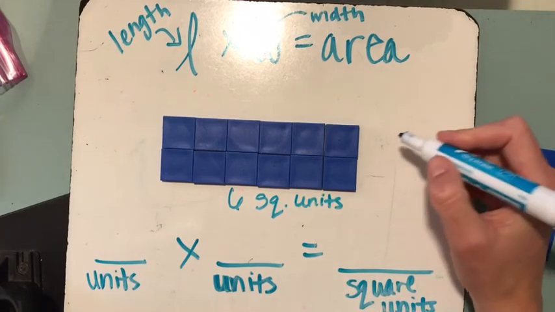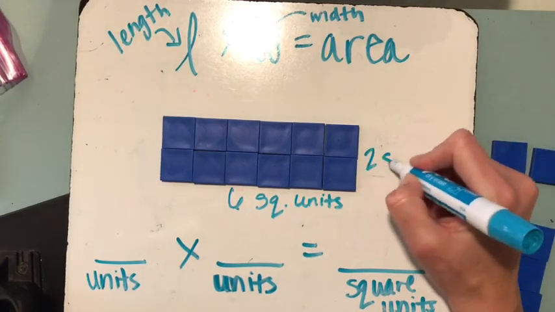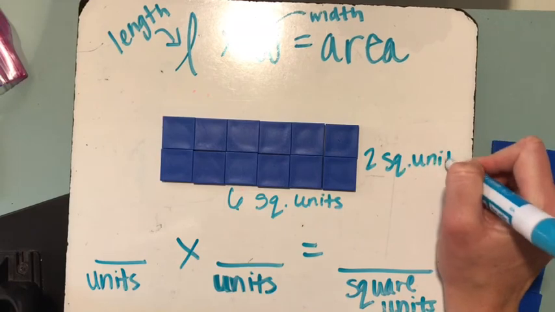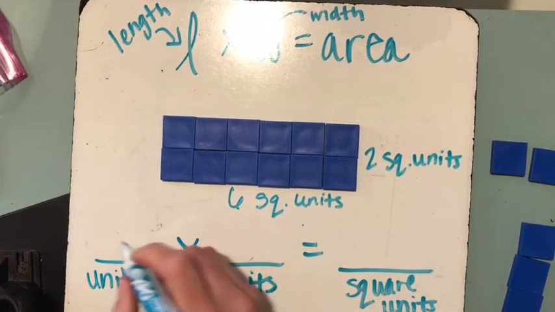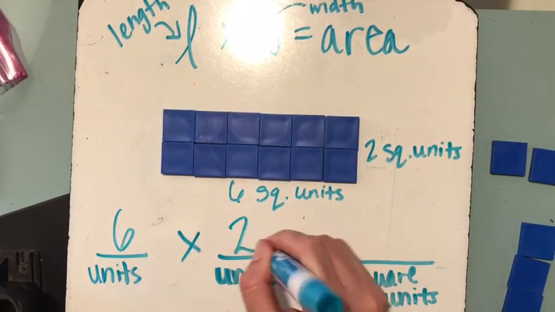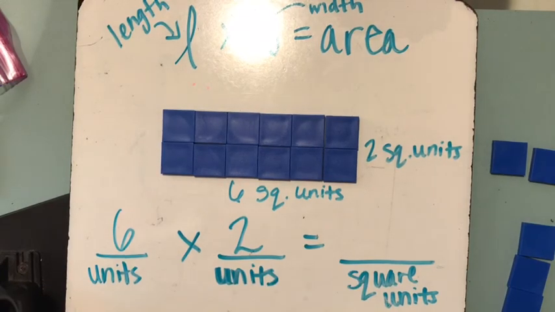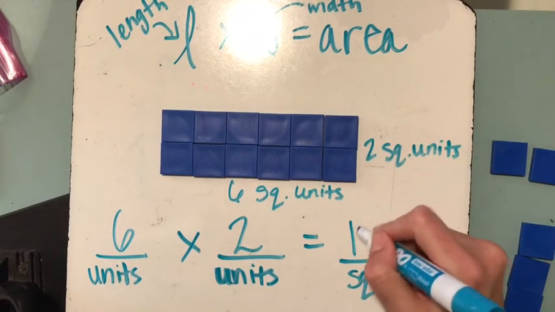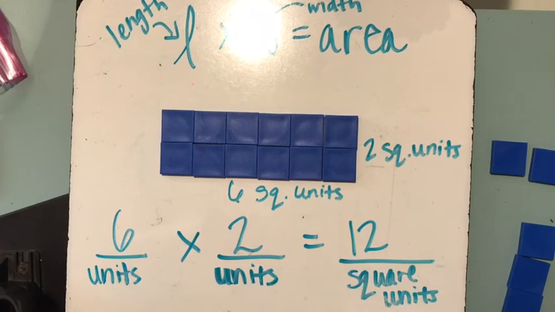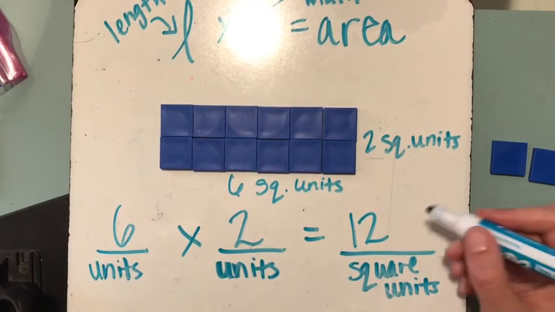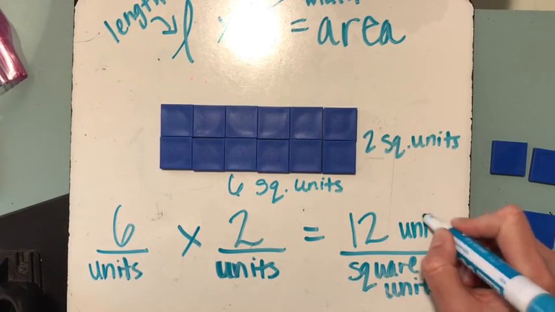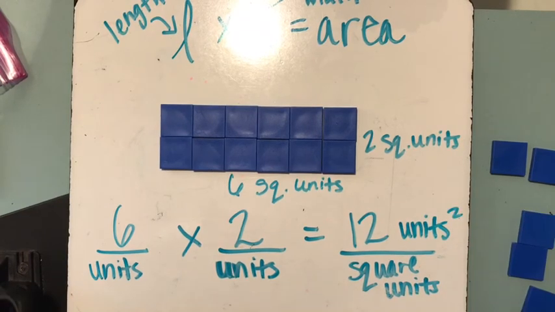There's my length. Now my width is only 2. I'm going to plug those numbers in. 6 times 2 is 12. So my area of this rectangle is 12 square units, or units squared.